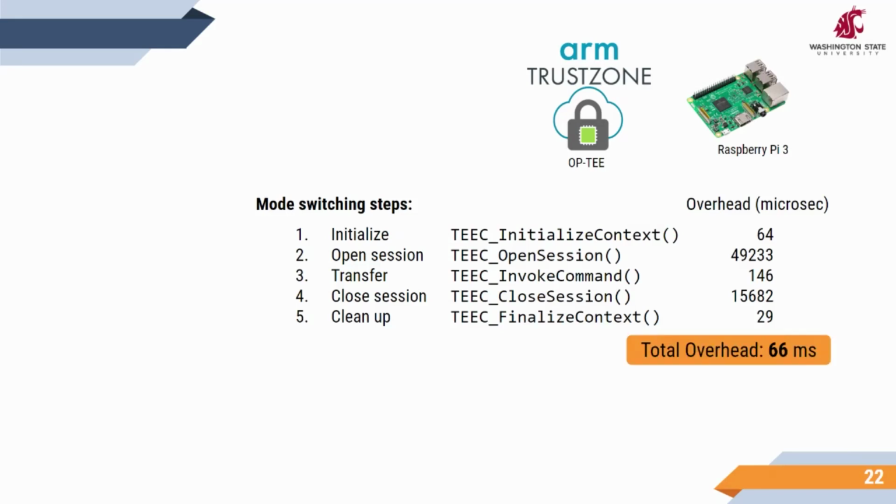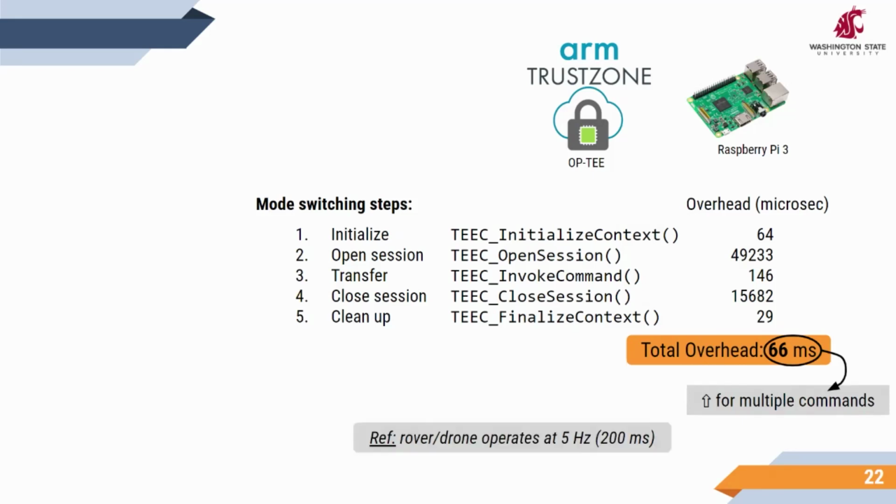In total, just doing an API call for opening a session for checking an actuation command takes roughly 66 milliseconds overhead, which is quite large. If we consider a task may have multiple of those actuation commands, because often the timing constraint of real-time systems could be much less than this overhead.